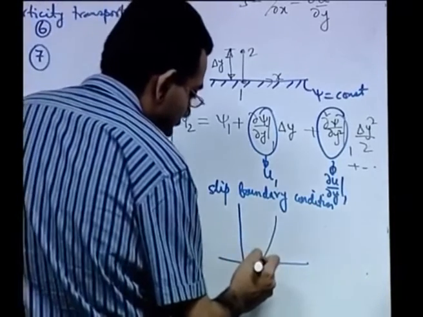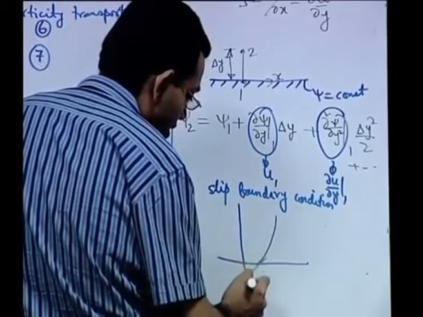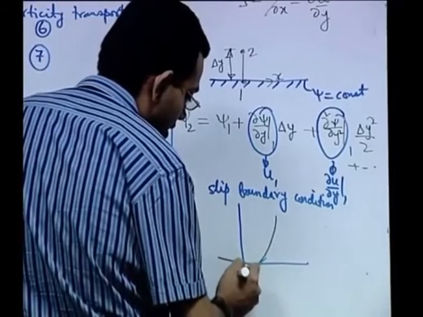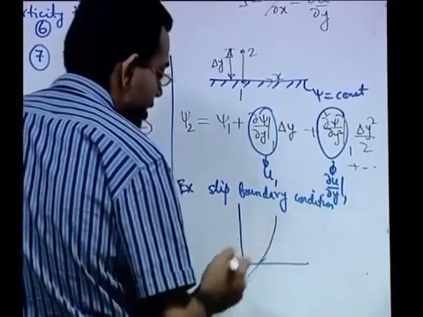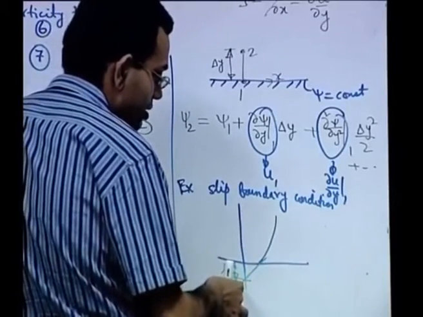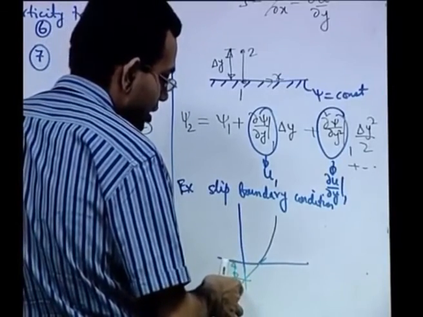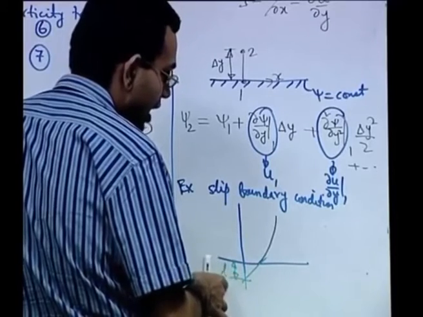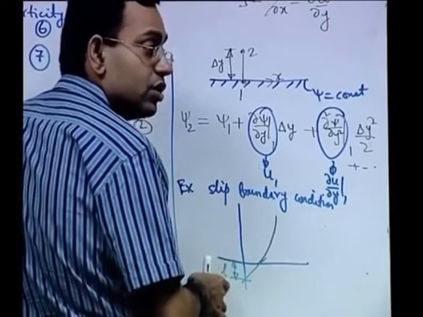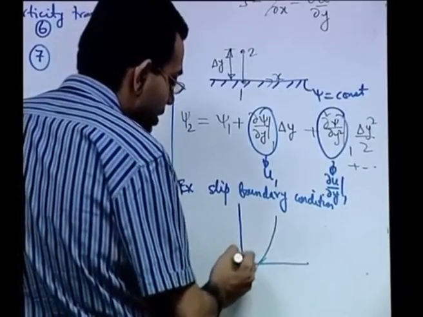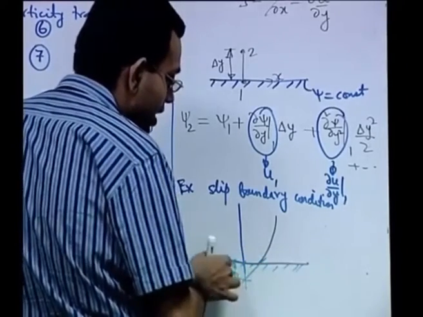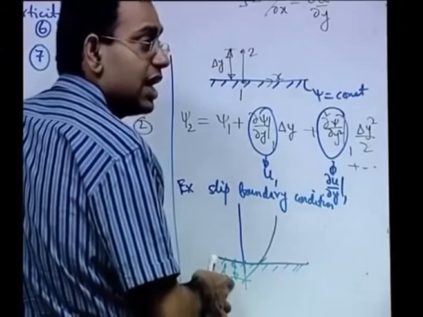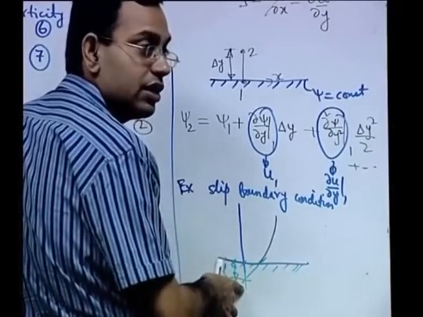You draw a tangent to the velocity profile, and that extrapolated will meet the vertical line at 0 velocity at a distance L from the wall. So, as if the wall has been shifted by, if the wall is shifted by a length L, then that would have represented a no slip boundary condition.